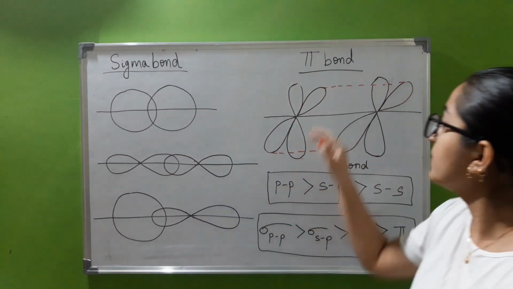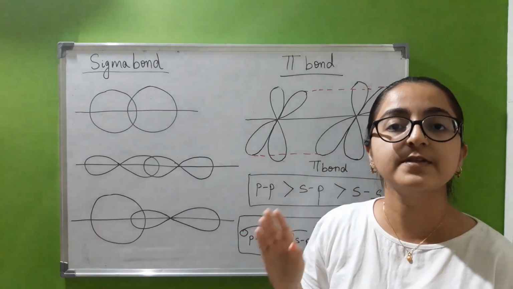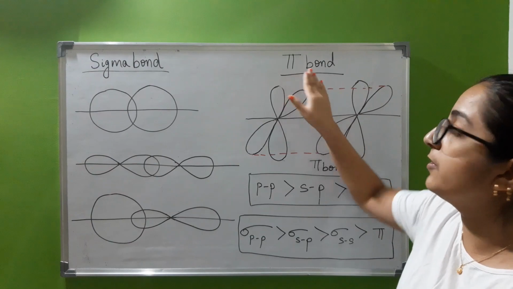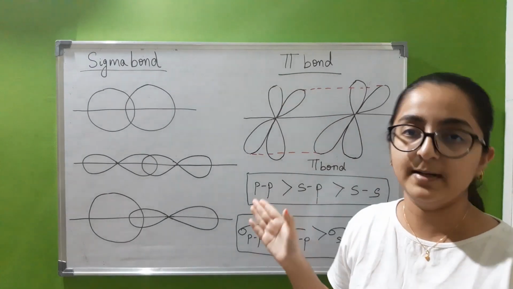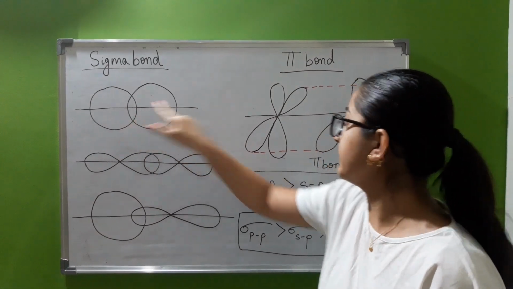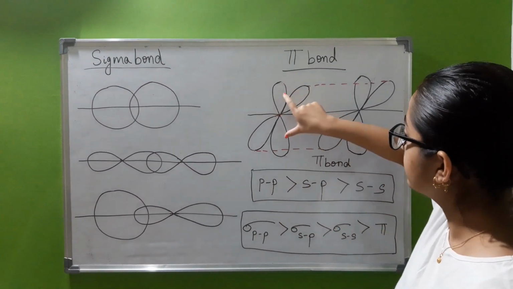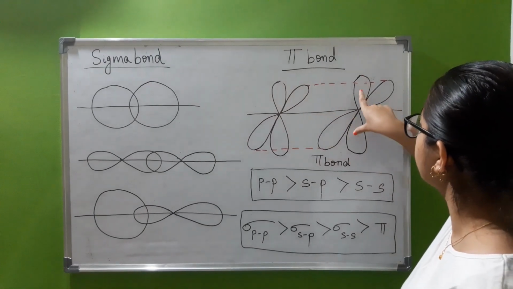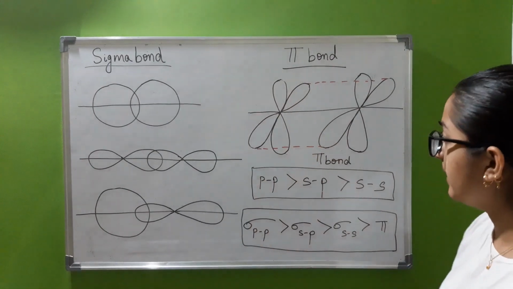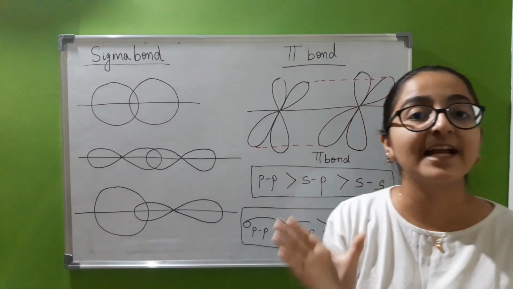But when coming to a pi bond, this bond is only formed after the formation of a sigma bond. The only difference between a sigma and pi bond is the orientation of their overlapping. In a sigma bond, they overlap each other linearly. Looking at this one, you can notice that this orbital and this orbital overlap each other linearly. But coming to this orbital, they overlap each other laterally.